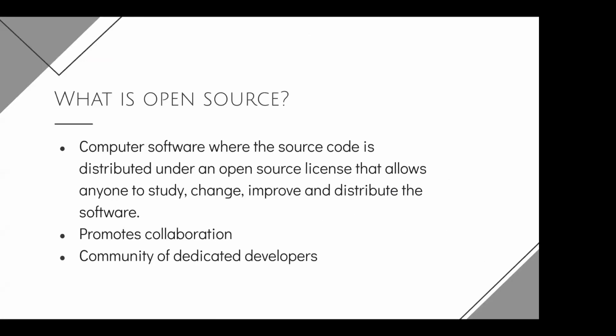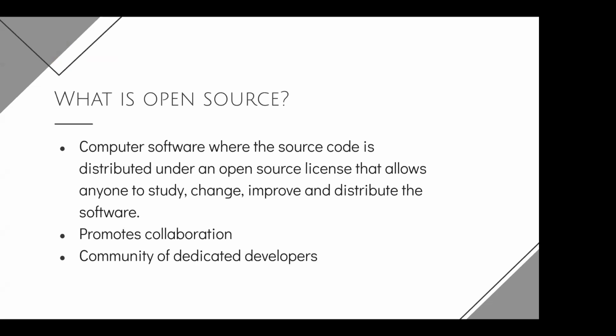First of all, we need to understand what open source is. Open source software is computer software whose source code is distributed under an open source license that allows anyone to study, change, improve, and distribute the software. So basically, anyone around the world can access this code.